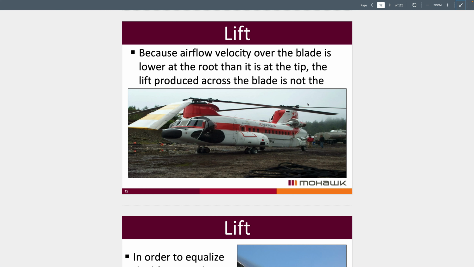But by using some of these methods that we've just discussed, you can potentially reduce that by using a wing washout so that you have a lower angle of attack. You know that having a lower angle of attack would yield lower lift production.